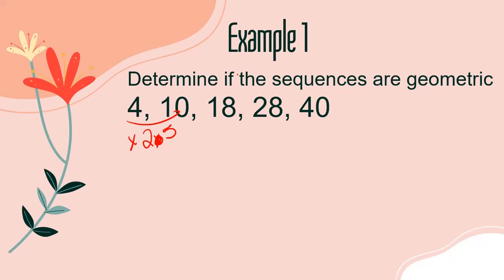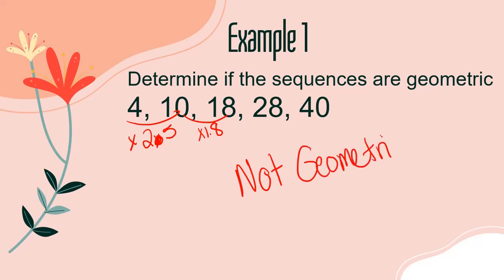So 18 divided by 10 is 9/5, which would be 1 4/5, 1.8. That's definitely not geometric. It's not a constant term. It has to be constantly multiplying by the same value each time.